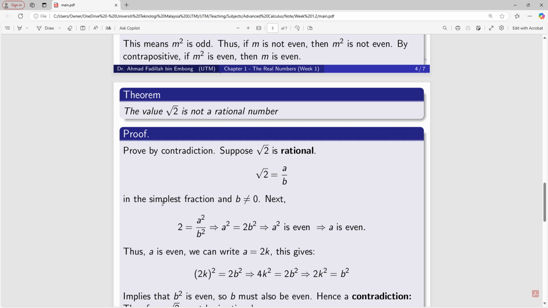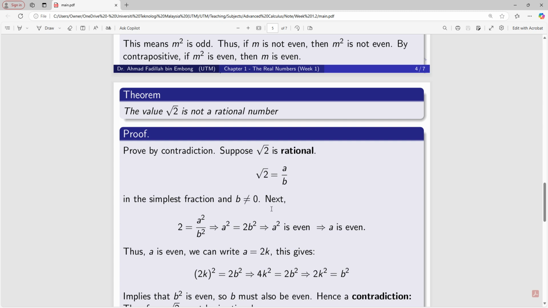That's why when we say a rational number, we can write it in different forms of fraction. Okay, understand? Therefore, in this case, we suppose that this fraction a over b is already in the simplest form. And b, of course, cannot be equal to 0.